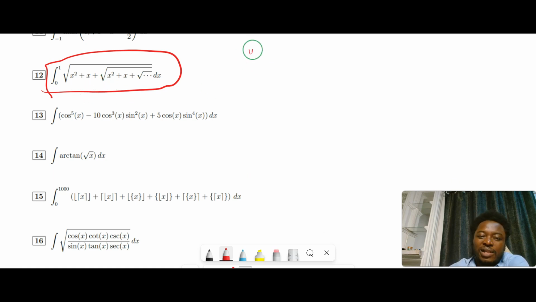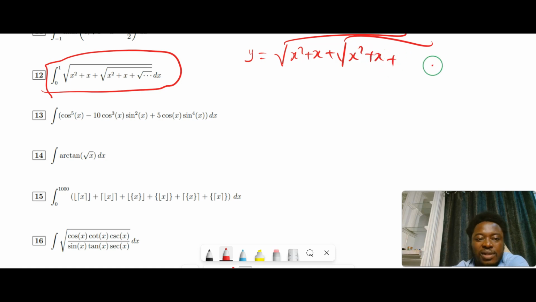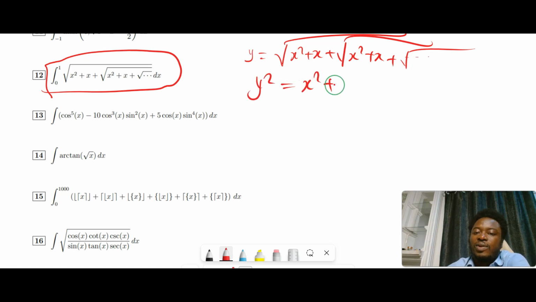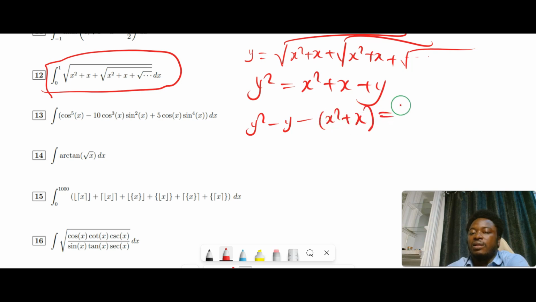You just have to start by setting y to the square root of x squared plus x plus square root of x squared plus x plus, and so on. Then you notice that y squared would be x squared plus x plus y. So essentially y squared minus y minus x squared plus x is 0.